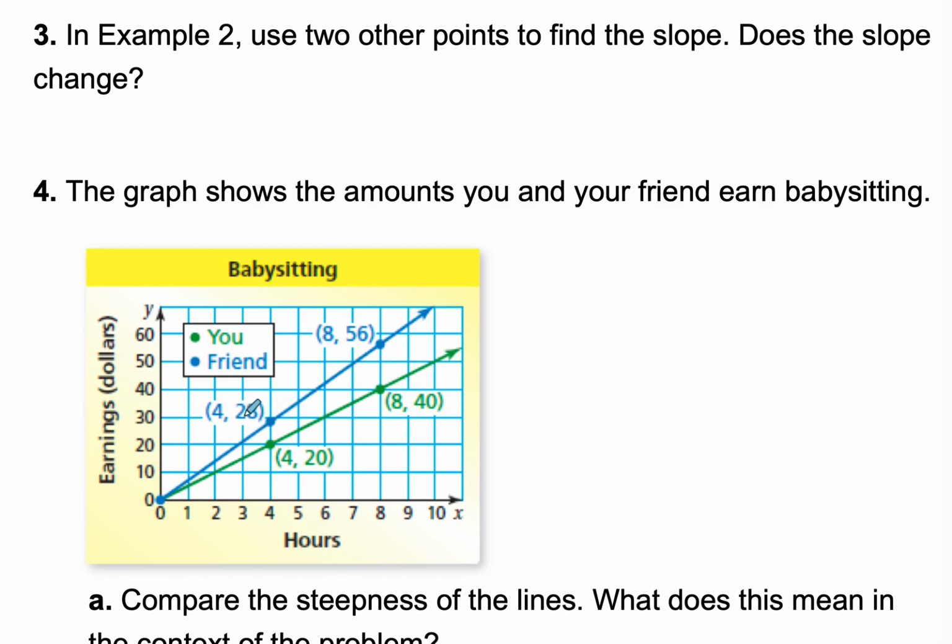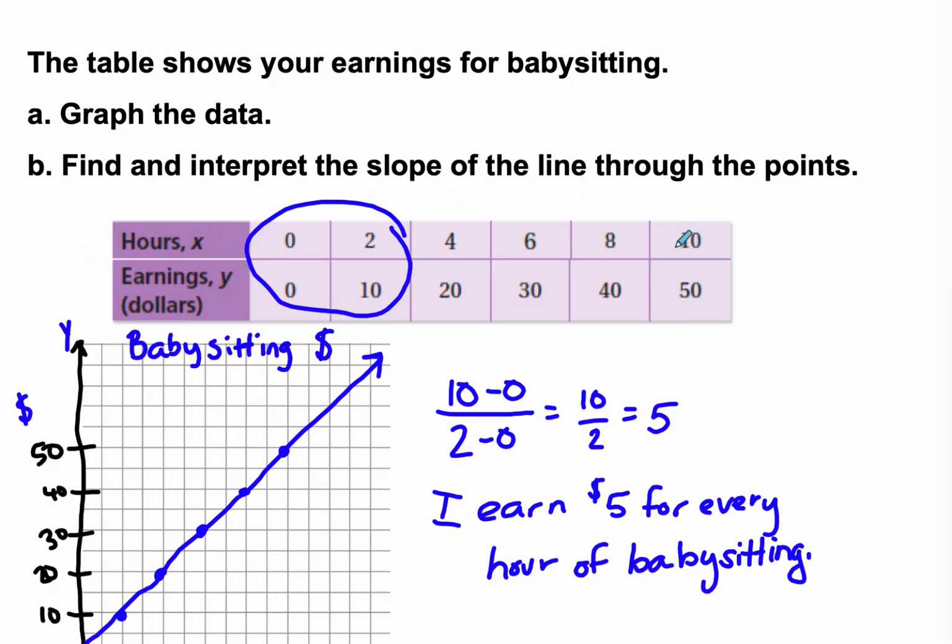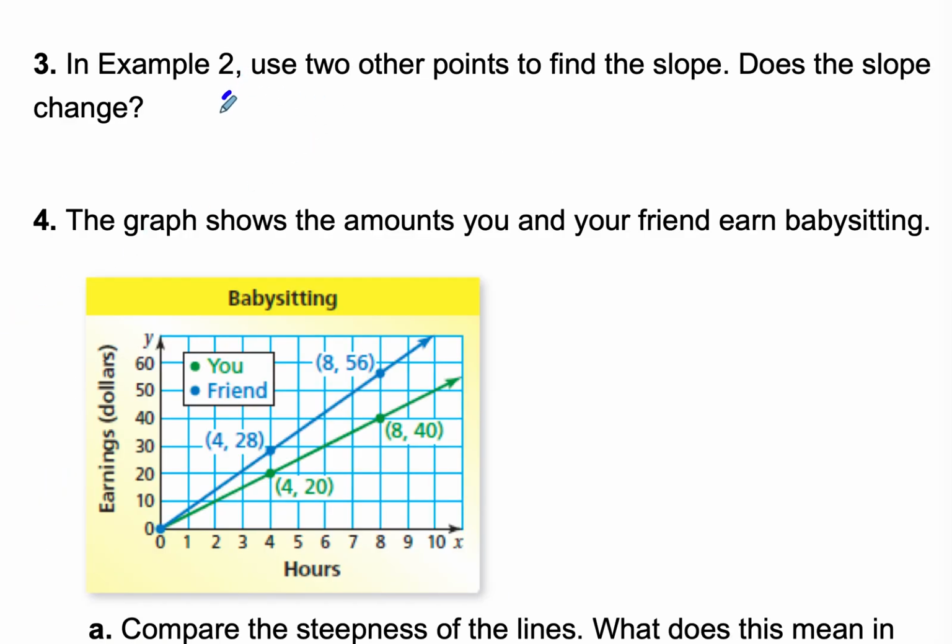So in example 2, use 2 other points to find the slope. Does the slope change? All right, so I'm going to go back to example 2. Let's see. I'm going to pick these two this time, (8, $40) and (10, $50).